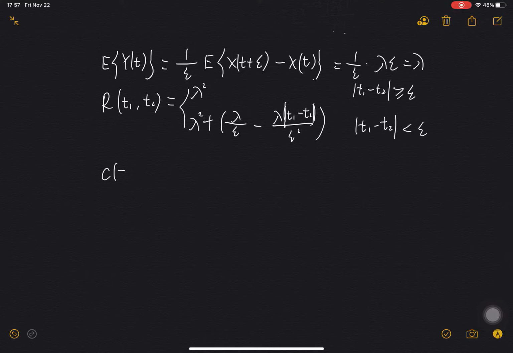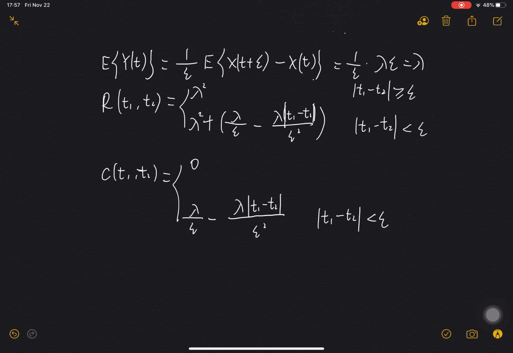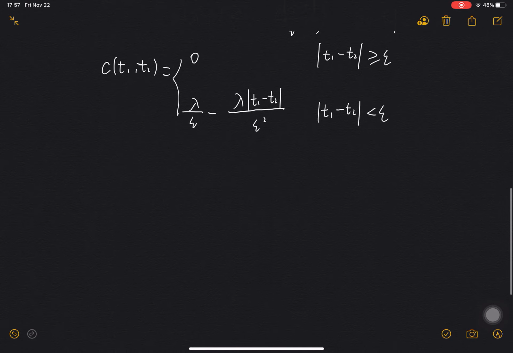And the covariance of t1, t2 is 0 epsilon. Okay, and we still have five left.